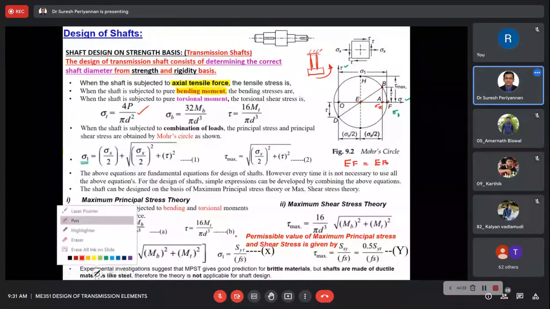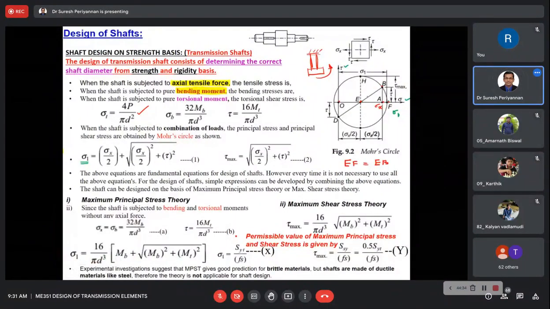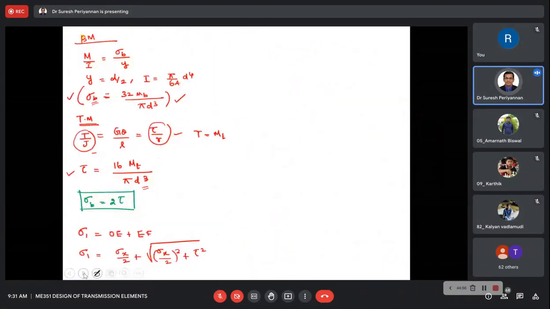We already know sigma x by 2 whole squared plus tau squared, and the whole square root gives you EB. This is my EB, or EF.